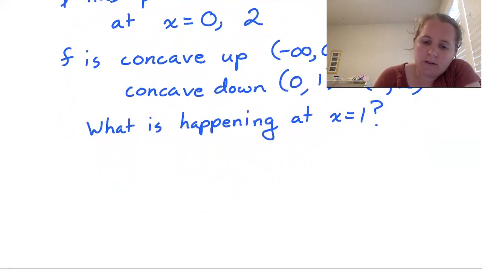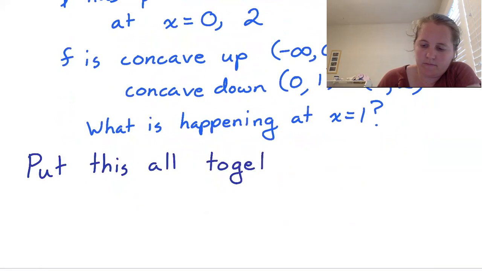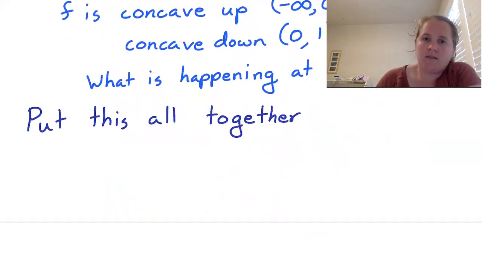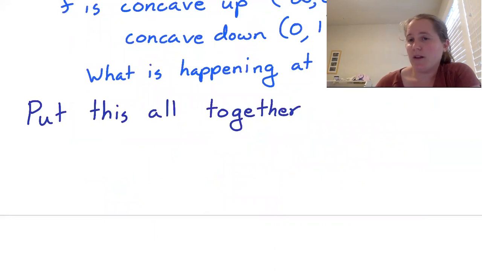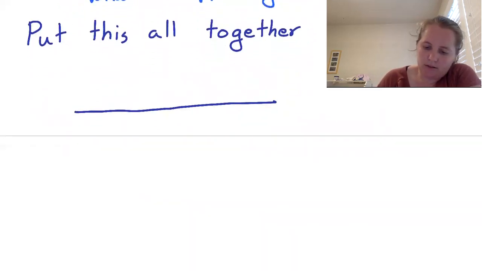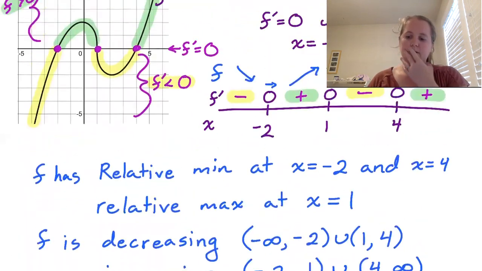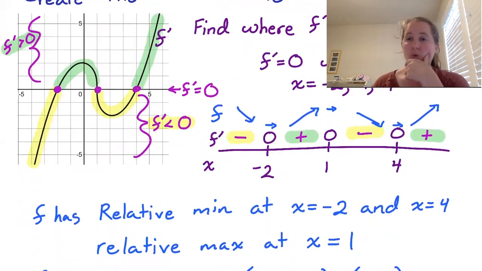So if we draw our graph and put this all together, I'm going to redraw both number lines on top of each other, one above the next, so we can look at them next to each other. Our points of interest for the first derivative were -2, 1, and 4.